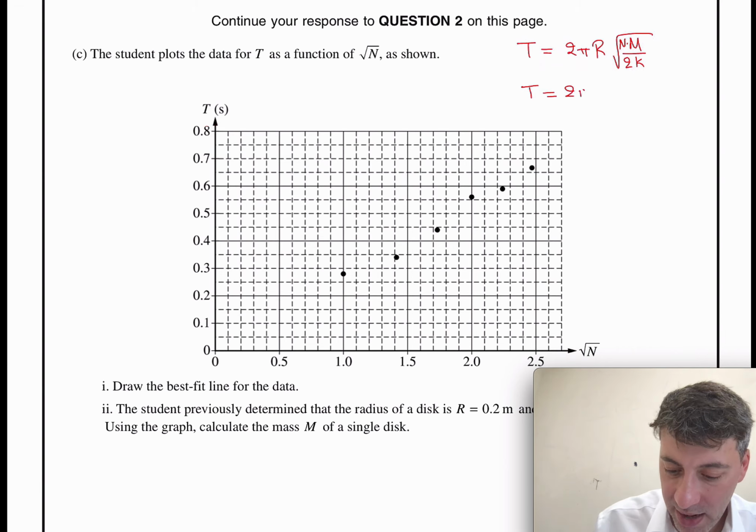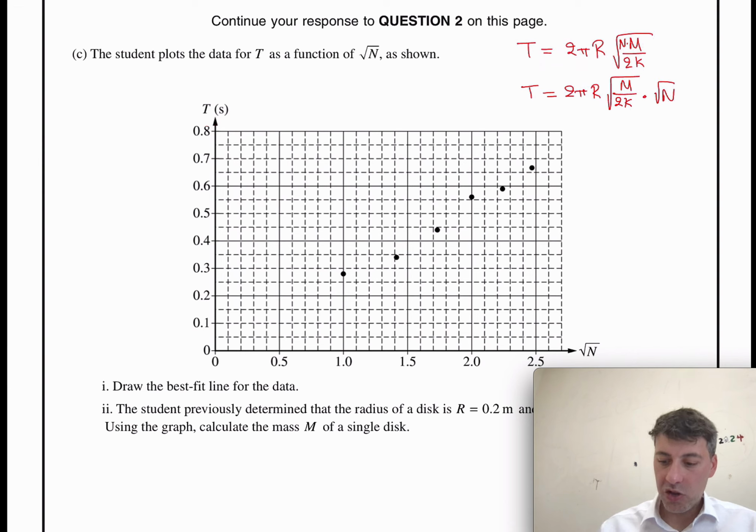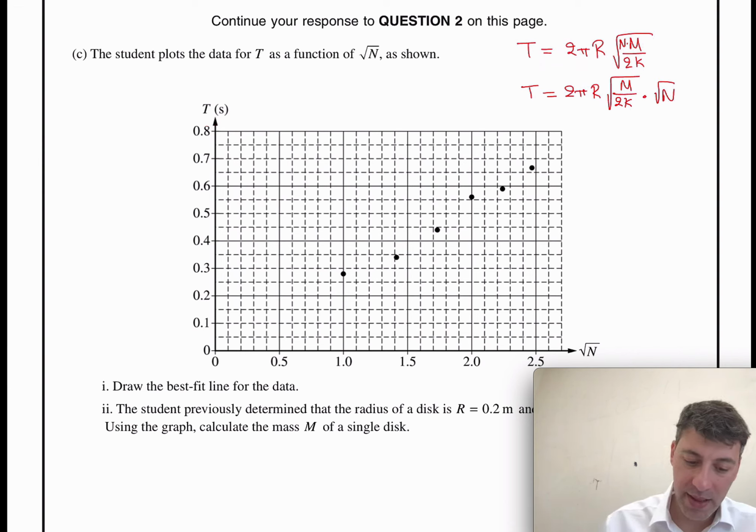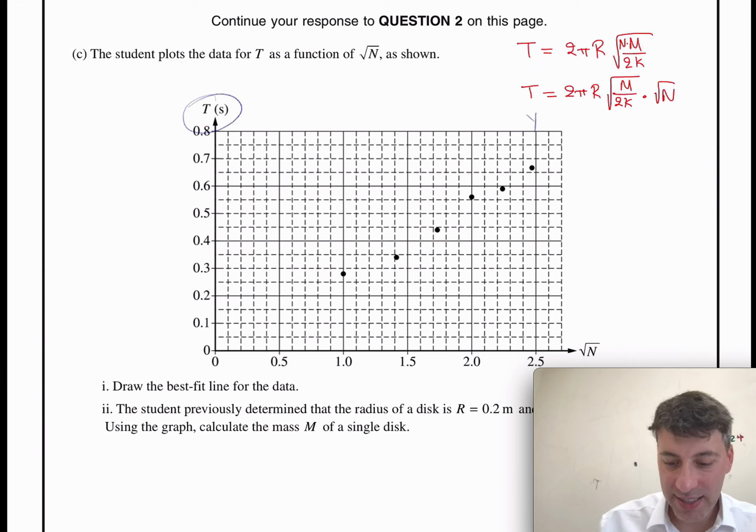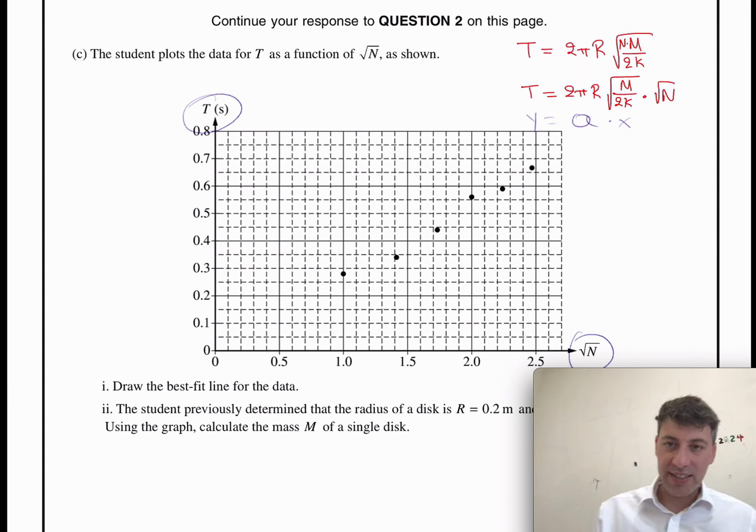It is 2 pi r root of mass divided by 2k multiplied by root of n. So we're trying to bring the rule in a form that has one variable on the y-axis equal to something multiplied by the variable on the x-axis, and in this case the value on the x-axis is the root of the number of turns.